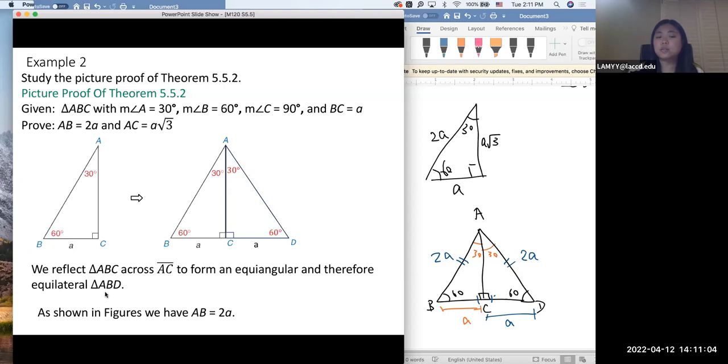Equiangular and equilateral, right? So we have AB here equal to 2A, and AD is also equal to 2A. So we proved part of it, AB equals 2A. Now we want to prove AC equals A square root 3 here.